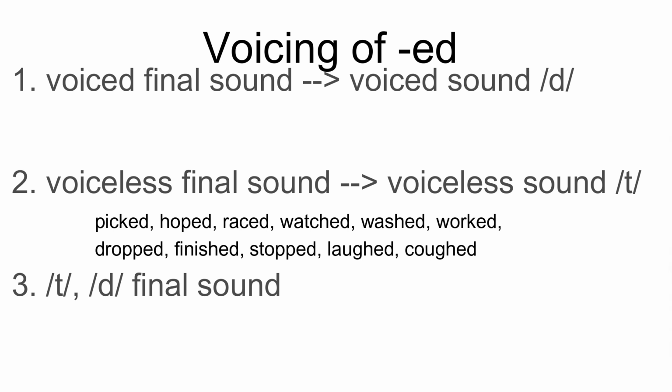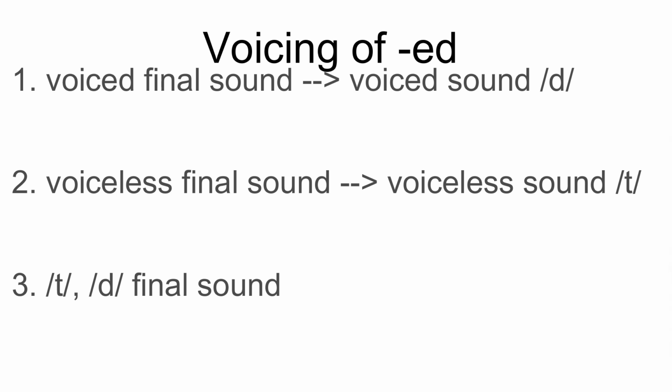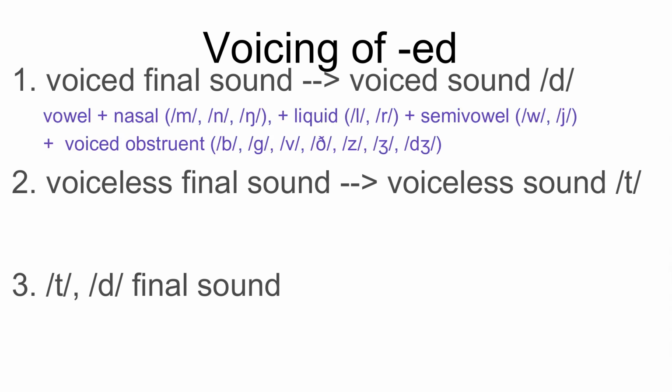If the verb base ends in a voiced sound except for d, then the ed ending sounds like d. So, to have the sound d, the word should end with a vowel sound, a nasal, a liquid l, r, a semivowel w, y, or a voiced obstruent b, g, v, th, z, zh, j.